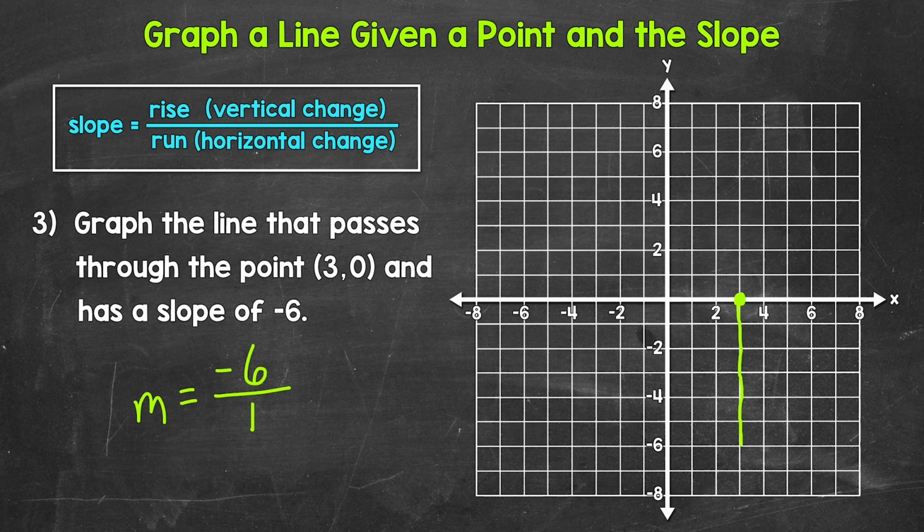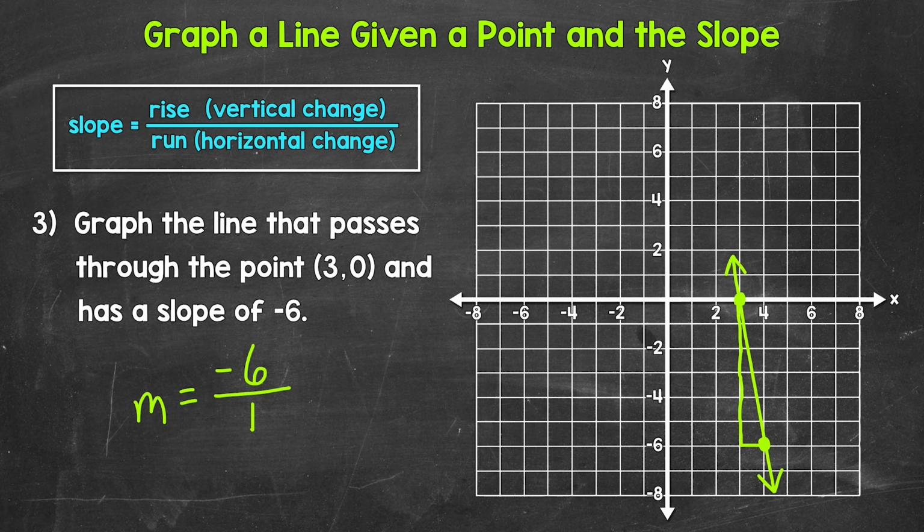And then our run is 1, a positive 1. So we go to the right 1 unit. And here is our second point. Now all we need to do is draw our line through the points. And now we have our line graphed. We are done. And looking at this line, we can see that it's moving downward as it moves from left to right. We have a negative slope here.